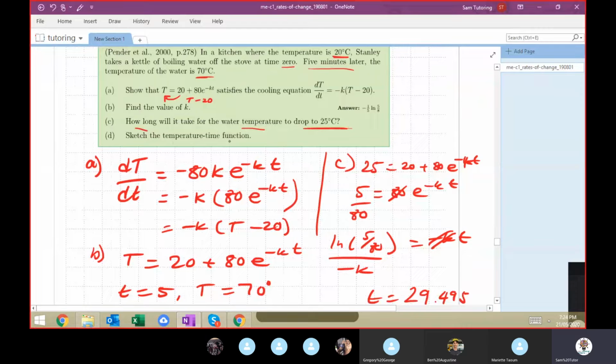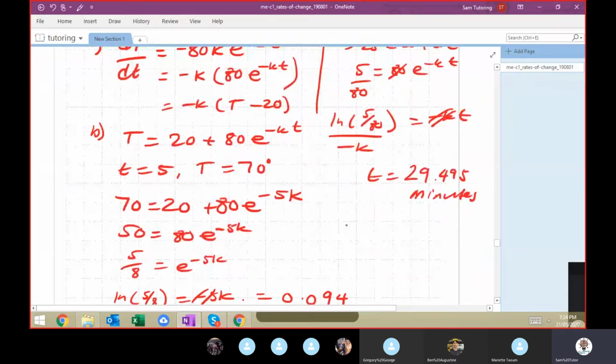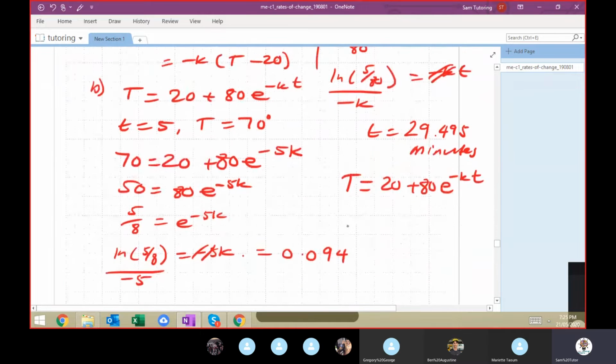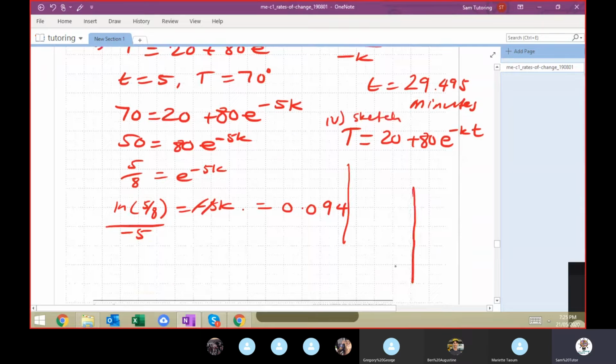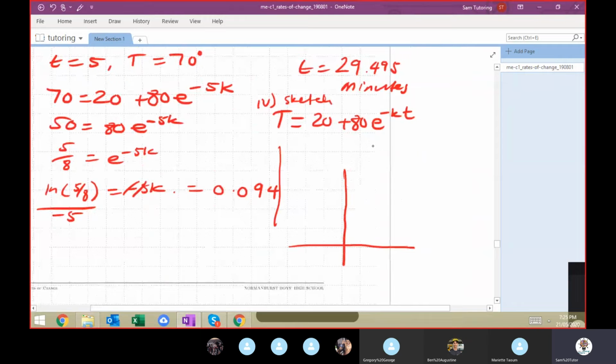Sketch the temperature to time function. So sketch this: T equals 20 plus 80e^(-kt), doesn't matter what k is. e^(-kt) I know is this way.